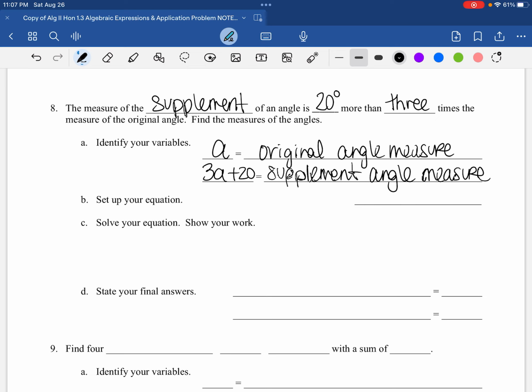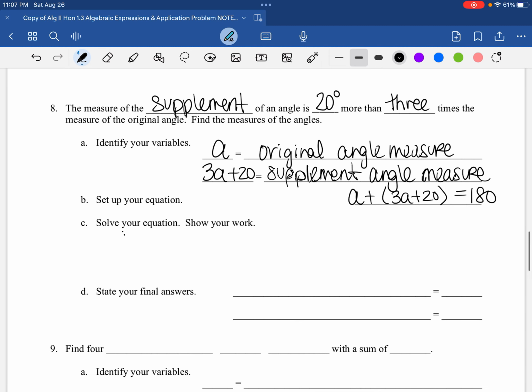Now we have to remember what supplement means. So back in your geometry skills, we would know that supplement means that it is 2 angles added together to get 180. So therefore, I'm going to add my 2 angles together and set it equal to 180. From here, then we're going to solve.